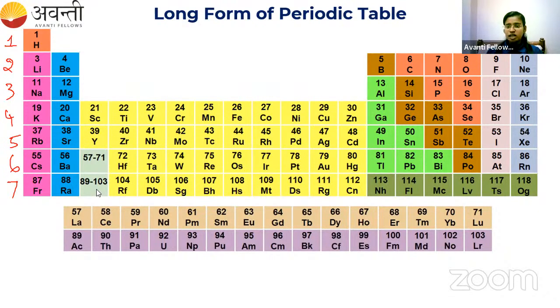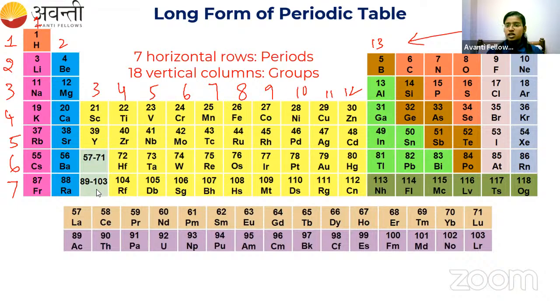And how many vertical columns do we have? 1, 2, 3, 4, 5, 6, 7, 8, 9, 10, 11, 12, and here 13, 14, 15, 16, 17, 18. So totally we have 18 vertical columns, which are called groups. So there are 7 periods and 18 groups in the periodic table.